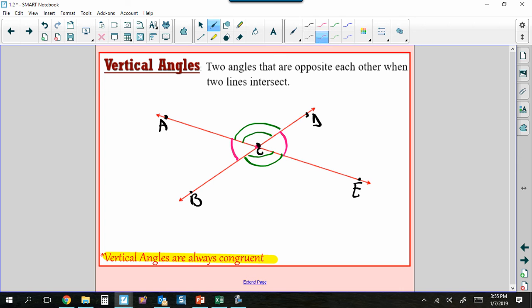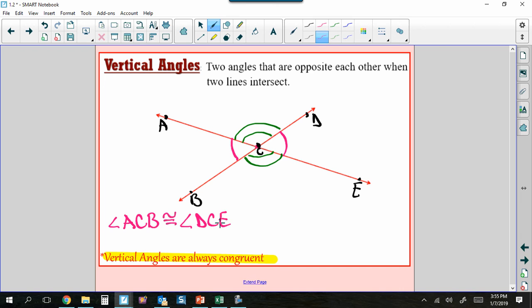So you'll either see a right and left V, or you'll see an upright and upside down V. Okay? So when you see those, immediately mark them with vertical angles to show that those two angles are congruent. Okay? So I'm just writing down that they are congruent.